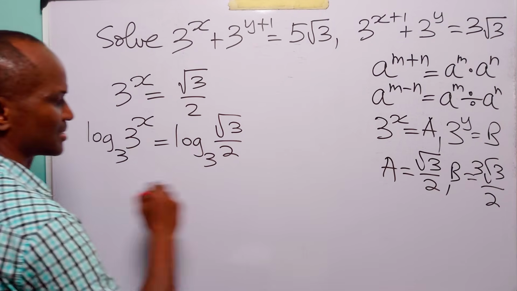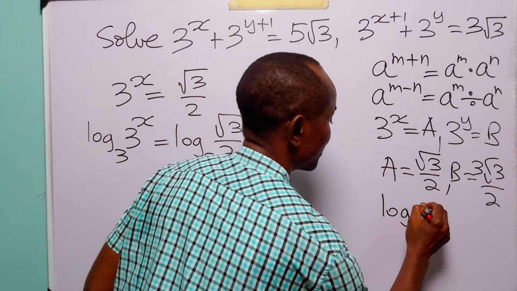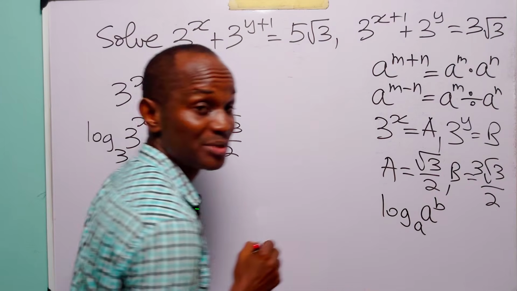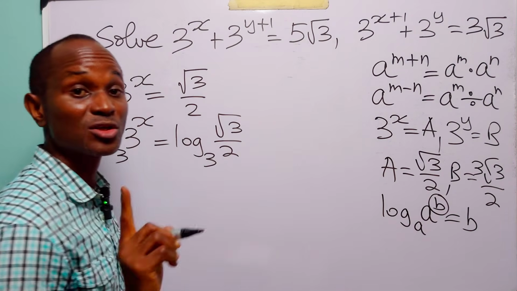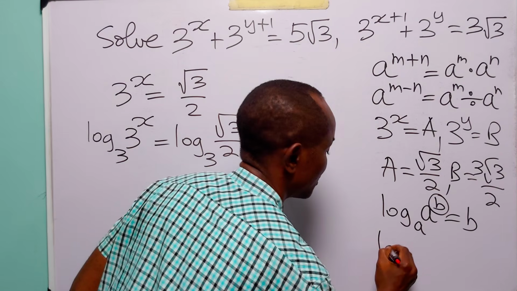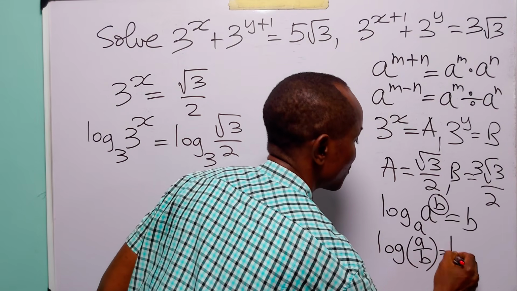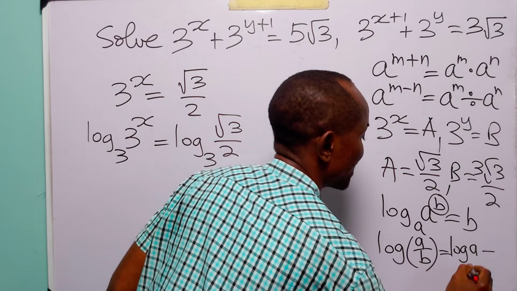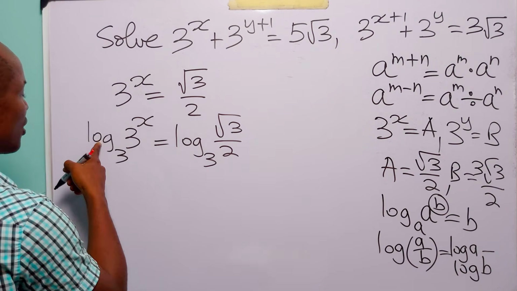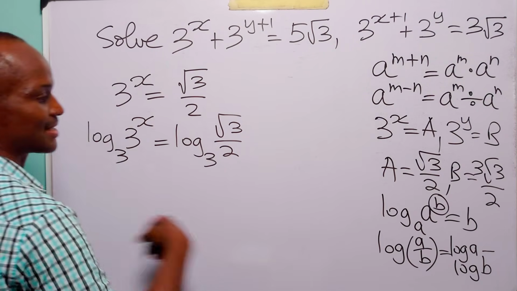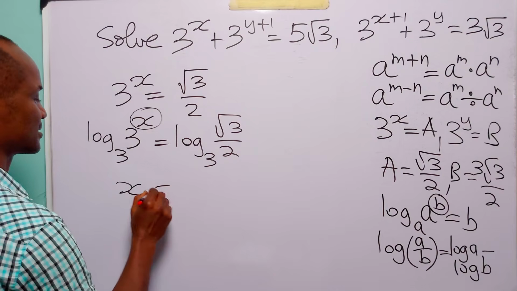Now, let us remember that log to base a of a to the power b is equal to b. And let us also remember that log of a over b is equal to log a minus log b. So here, log to base 3 of 3 to the power x, according to this rule, is equal to x.